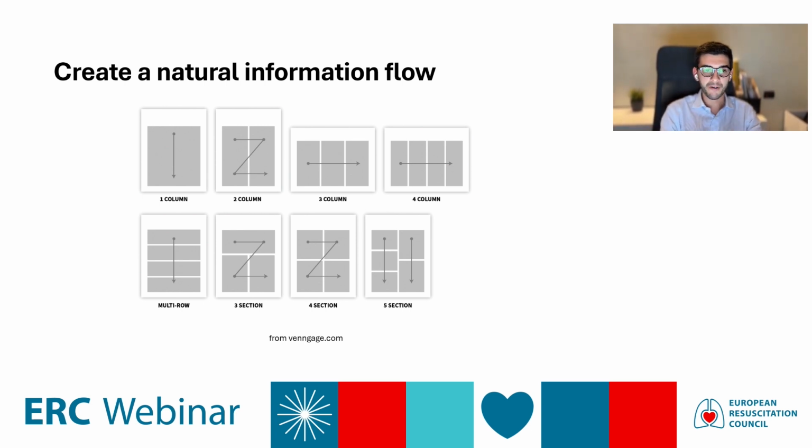You can have a single column, different columns side by side, or a grid organization like four sections. Every option is great, but it is important that you stick to one and follow the flow. It is important not to move information across columns, for example.